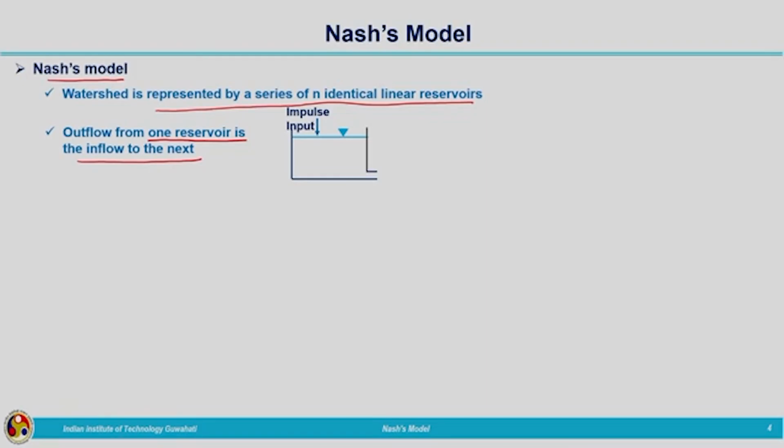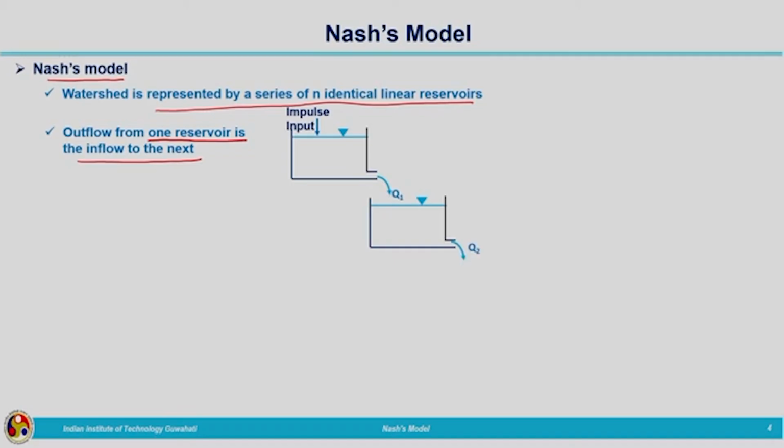So, here we are going to consider the catchment as consisting of n linear reservoirs connected in series, and the impulse input acts on the first reservoir. The outflow from the first reservoir will be the input to the second reservoir.